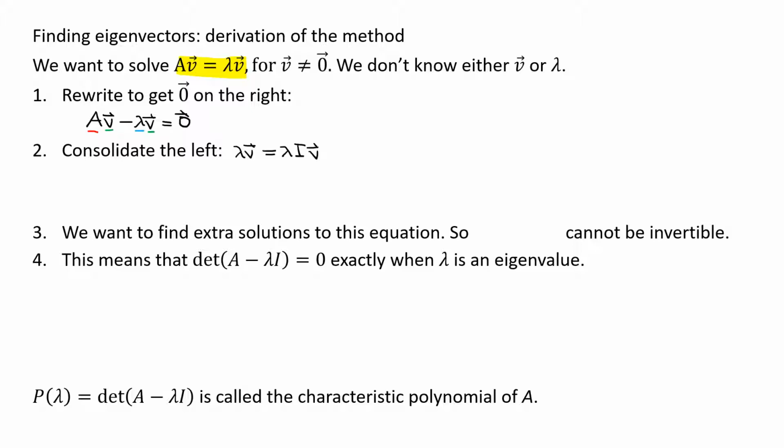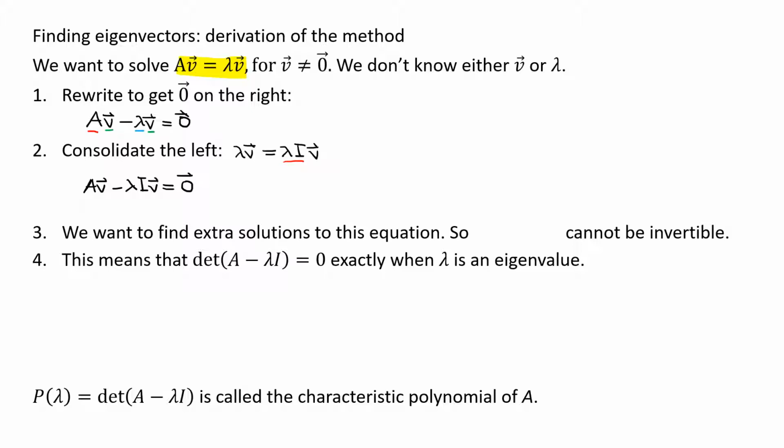These are equal vectors, but when we rewrite this way, I have a matrix lambda I, so I can more easily consolidate it with the matrix A. Okay. So I'm going to rewrite my expression as A times v minus lambda I times v is equal to 0.